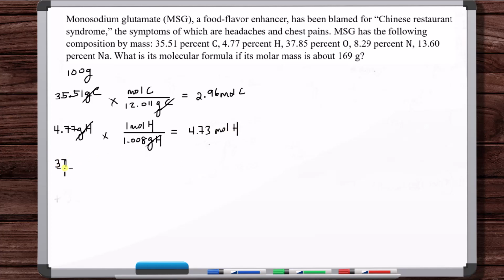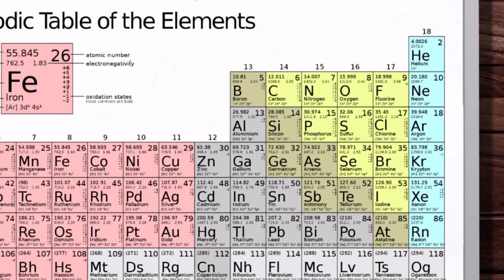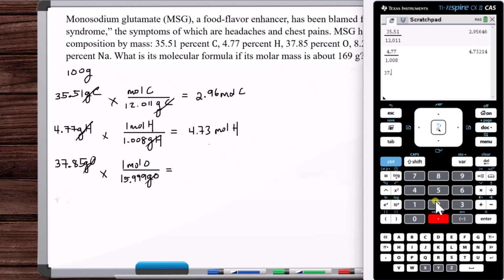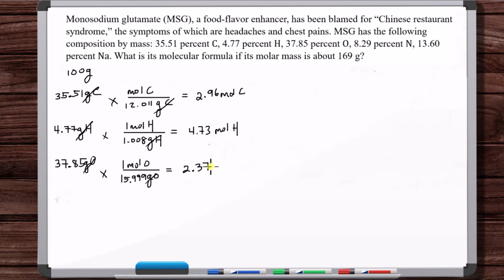Now we've got 37.85 grams of oxygen. The molar mass of oxygen is 15.999, so 15.999 grams of oxygen for every 1 mole of oxygen. That gives 2.37 moles of oxygen.